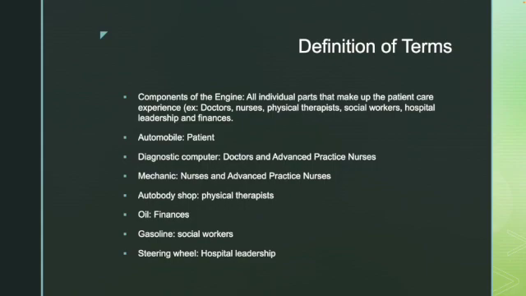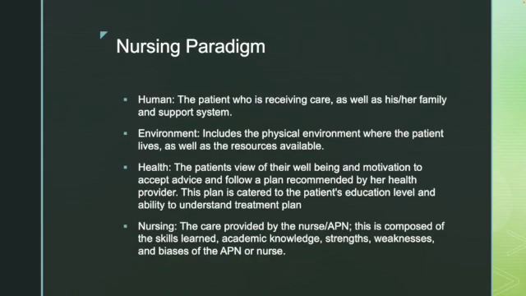Nursing paradigm. Human. The patient who is receiving care, as well as his or her family and support system. Environment includes the physical environment where the patient lives, as well as the resources that are available to them in their home. Health. The patient's view of their own well-being and motivation to accept advice and follow a plan recommended by their health provider.